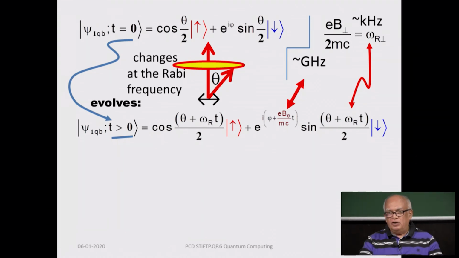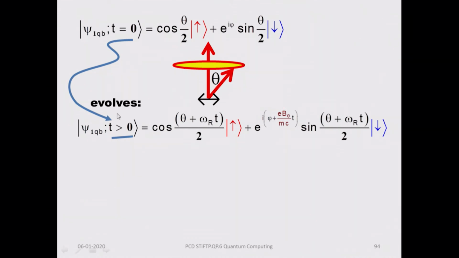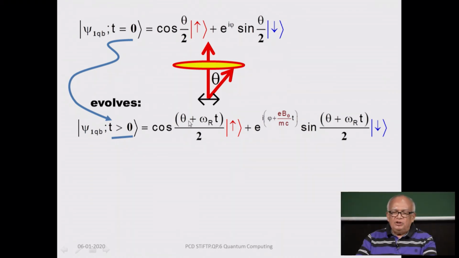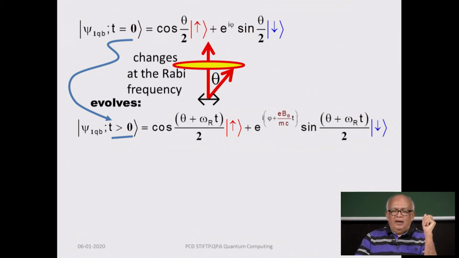So, there are very different orders of magnitude, okay. So, you have the time evolution of this quantum bit, which involves this precession angle to change because of this Rabi field, which is an orthogonal field, and then the phase phi changes due to the dynamic evolution of the state, because you have got an applied magnetic field, you have applied a perturbation, lifted the degeneracy, and now you have got this dynamical phase e to the I EB0 by MC times t, okay.